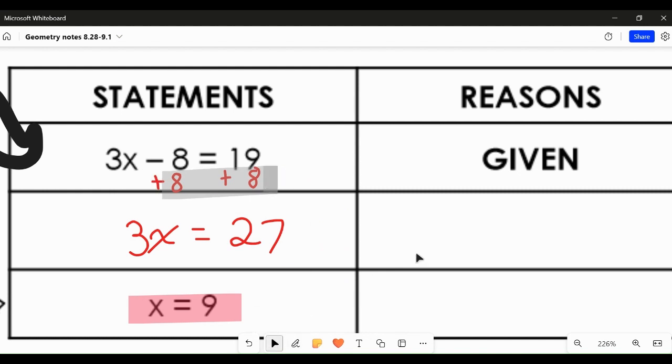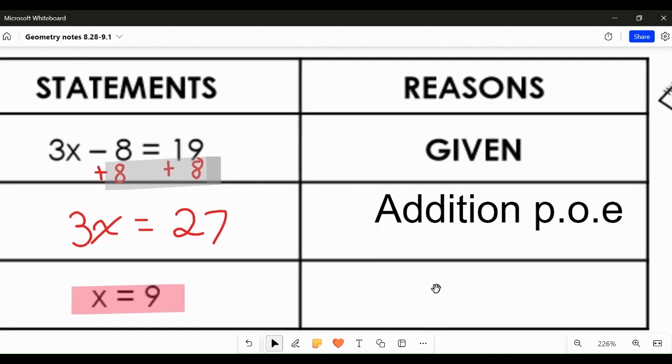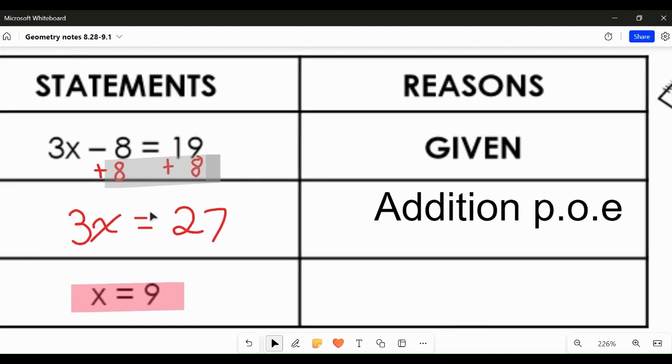Because we added, that means that what we did was the addition property, and that is our property of equality. I'll just abbreviate this as POE. All right, cool. So we did the addition property of equality to move this 8 to the other side.